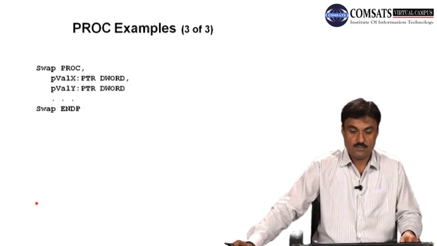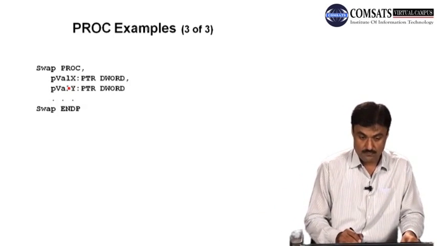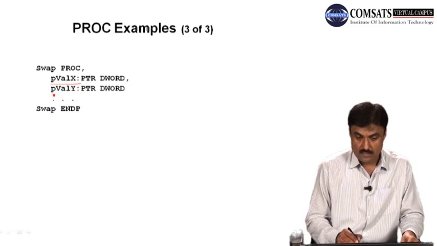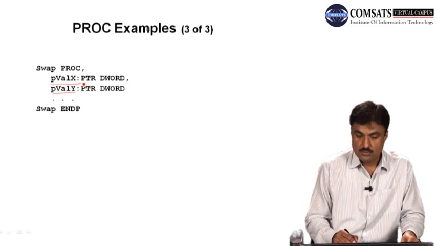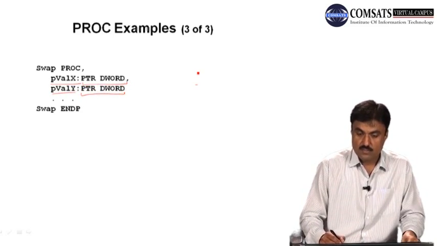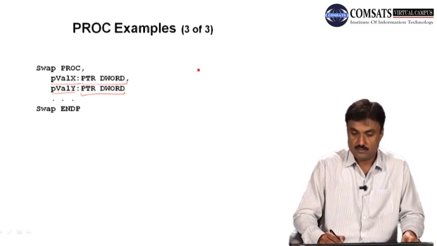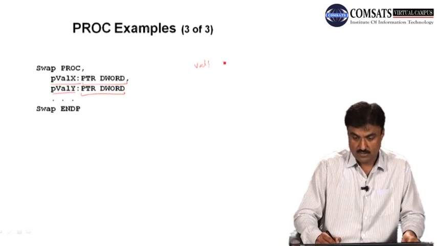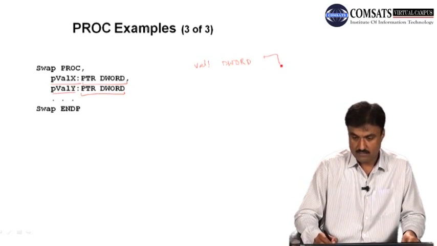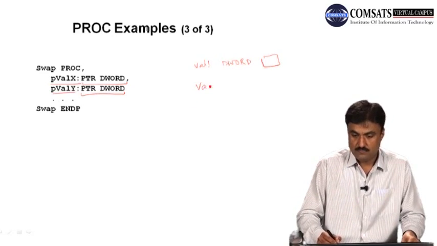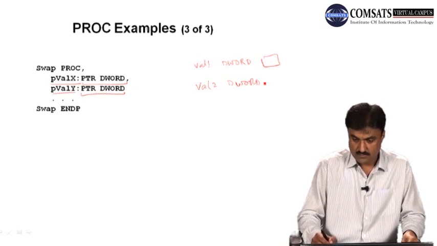And here you can see we have the swap procedure, and inside the swap procedure there are two parameters, pval x and pval y. These are of pointer type, they hold addresses. For example, val1 is of double word type and has some value, and val2 is also of double word type.